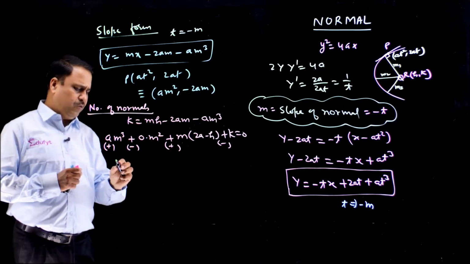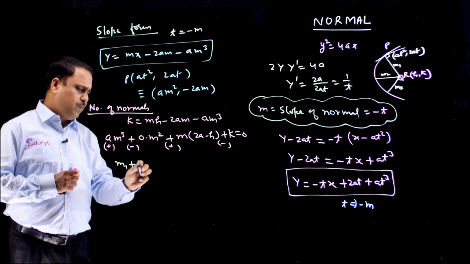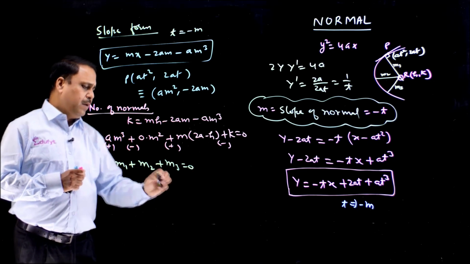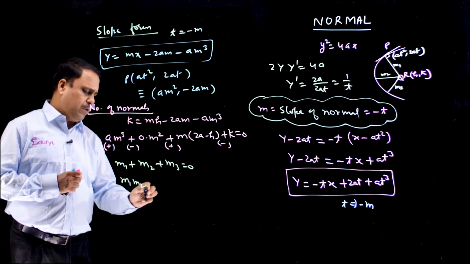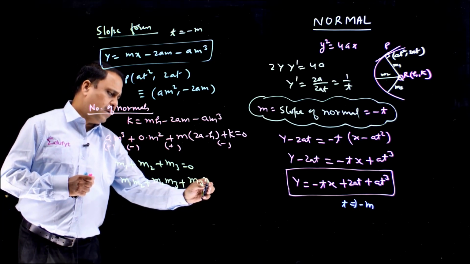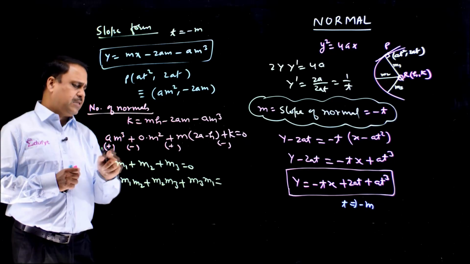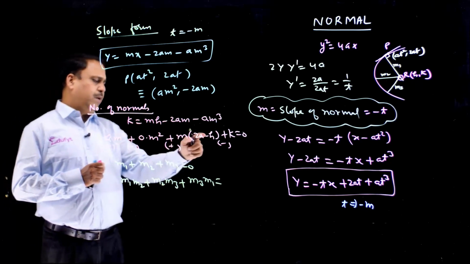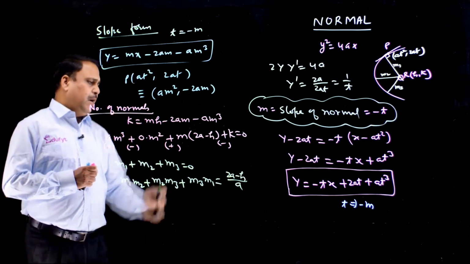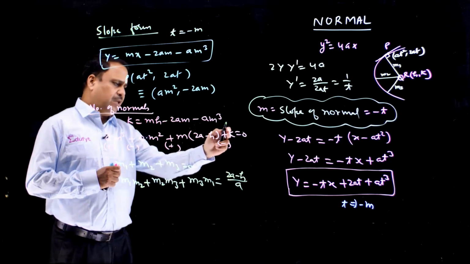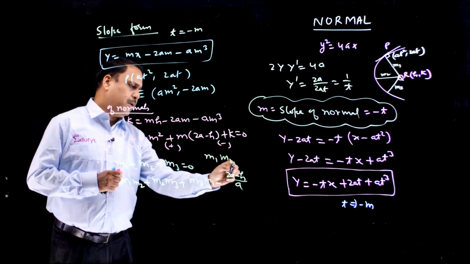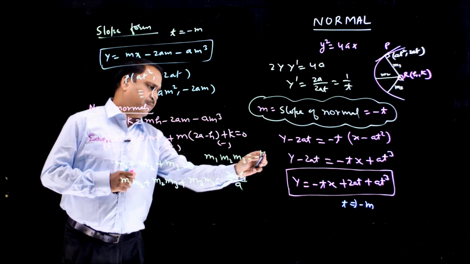So from this equation we know that m1 plus m2 plus m3 is equal to 0. m1 m2 taken 2 at a time, m2 m3 plus m3 m1, is (2a minus h) upon a, and the product of roots m1 m2 m3 is equal to minus k upon a.